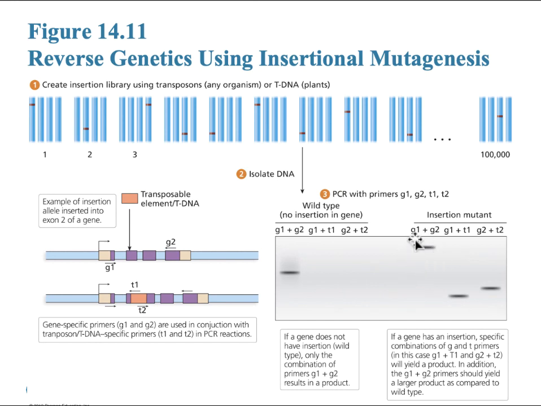So this indicates the gene carrying a transposon somewhere along its length. And then, depending on the position at which the transposon did go in, you will have a fragment between T1 and G1, and another fragment between T2 and G2. And this indicates the location of the insert within the gene and the fact that the gene does have an insert. Therefore, whichever well in your PCR gave you this result, that would be the clone that you amplify and use in your research, because that contains an insertional mutation in your gene.